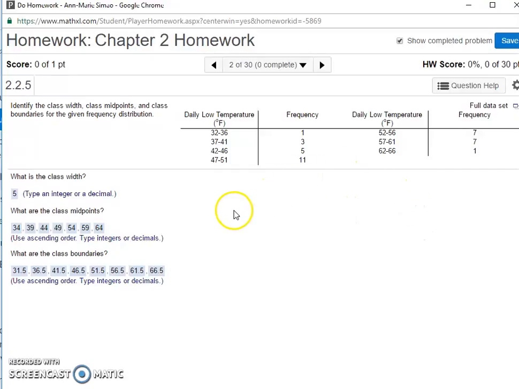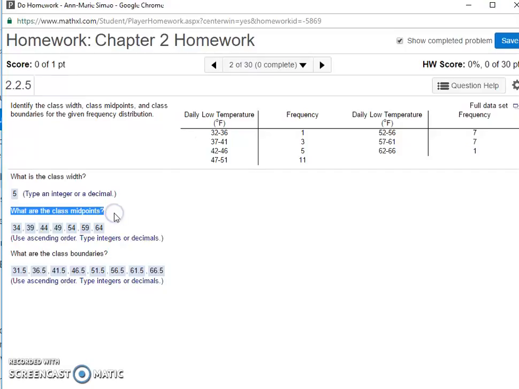So if we count, 32 is 1, 33 is 2, 34 is 3, 35 is 4, and 36 is going to be 5. So how wide is the class? The class is 5 wide, and every single class is going to be 5 wide. 37, 38, 39, 40, 41. So that also has a class width of 5. Class width has to be consistent all the way through.